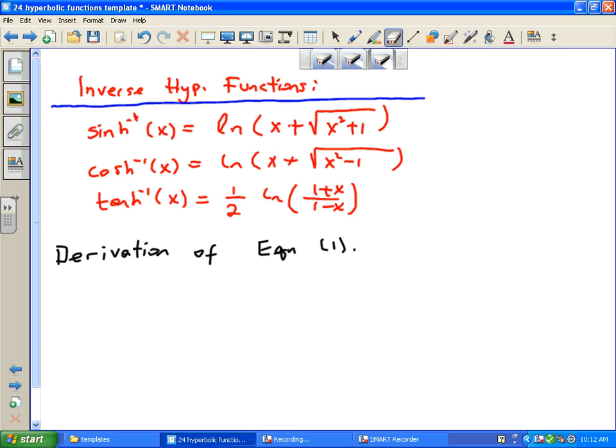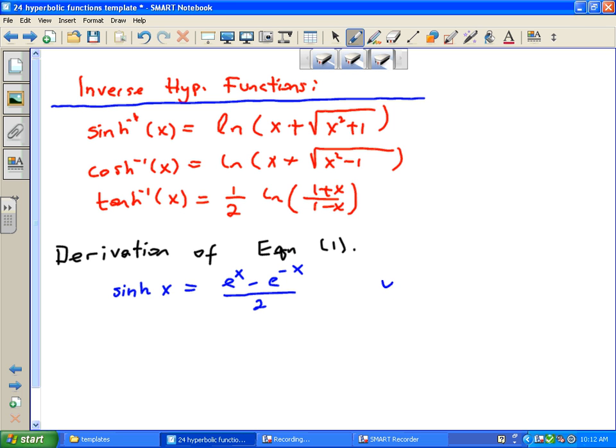Okay, so how do we prove the first one? We're going to use this idea from algebra. Start with the definition of the hyperbolic sine function. As you can see, everything goes back to the definition, which is e to the x minus e to the negative x, divided by 2, correct?